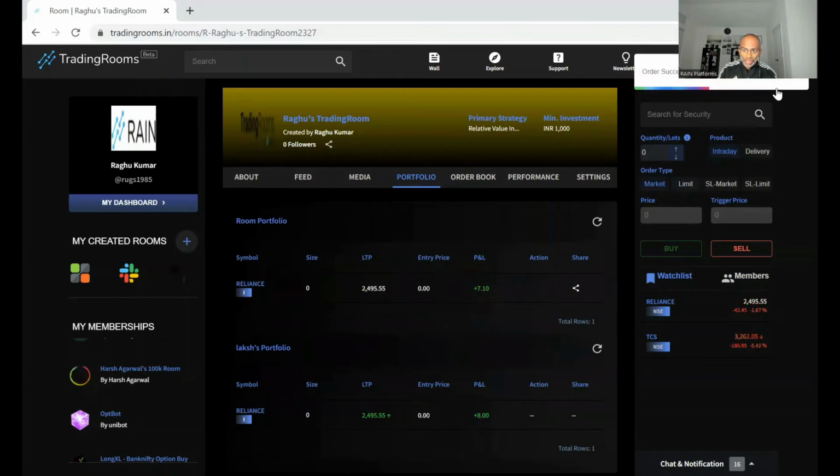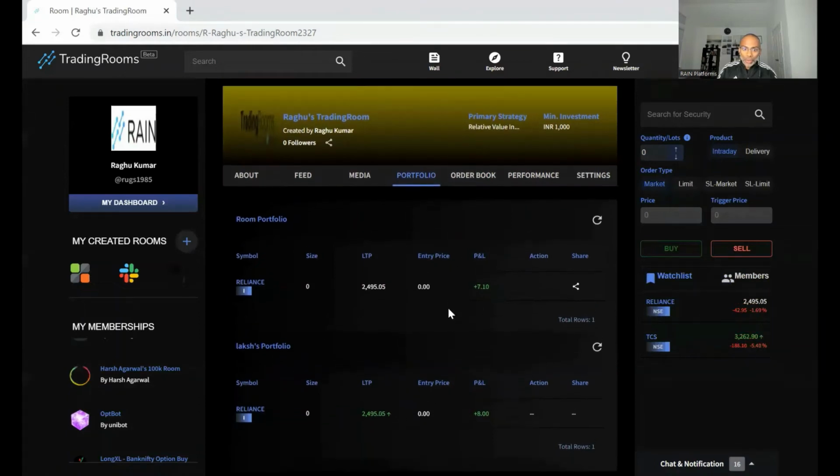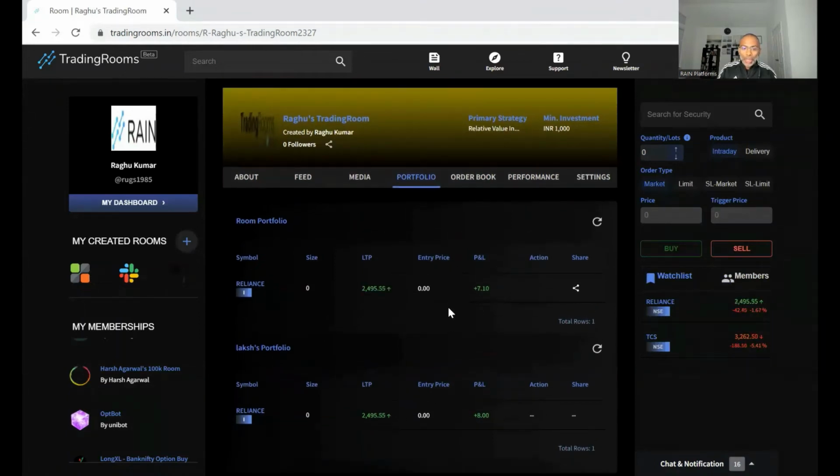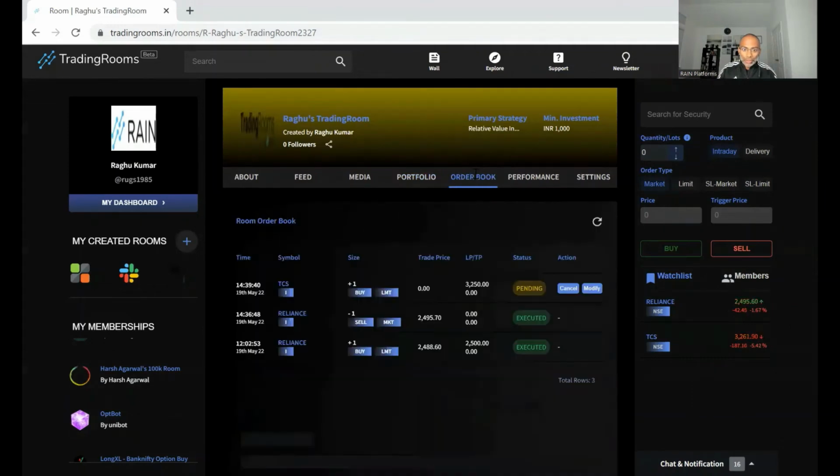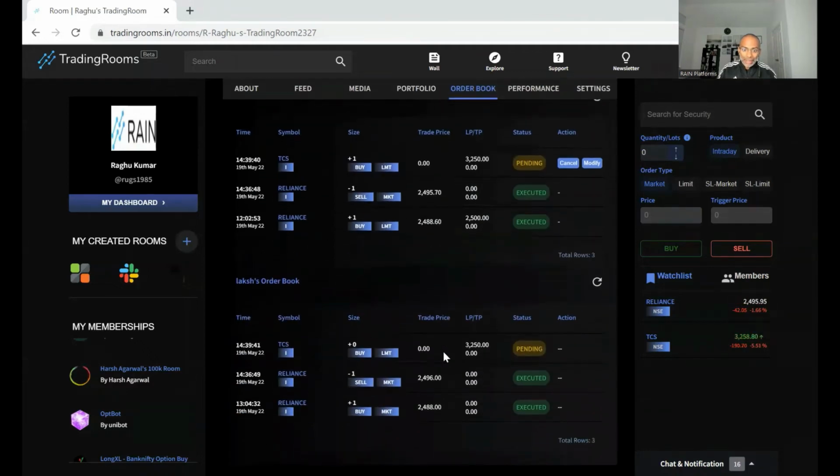So this order was successfully transmitted. That means the order has gone through. At this point, if we go to the order book, we will be able to see it. The reason it's not coming up in our portfolio is because the order is pending. It's pending on my book, and it's pending on Lakshmish's order book.